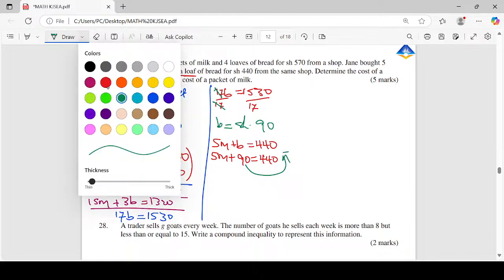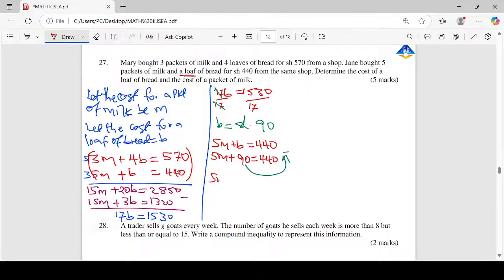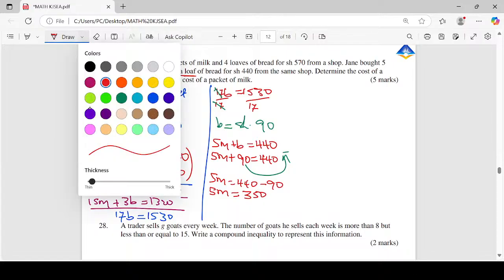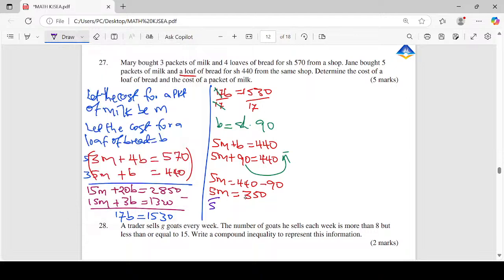So I'll have 5m is equal to 440 minus 90. When I have 440 minus 90, I get 350. Then upon dividing both sides by 5, where the 5 and the 5 cancel, I'm going to get my m as 70.